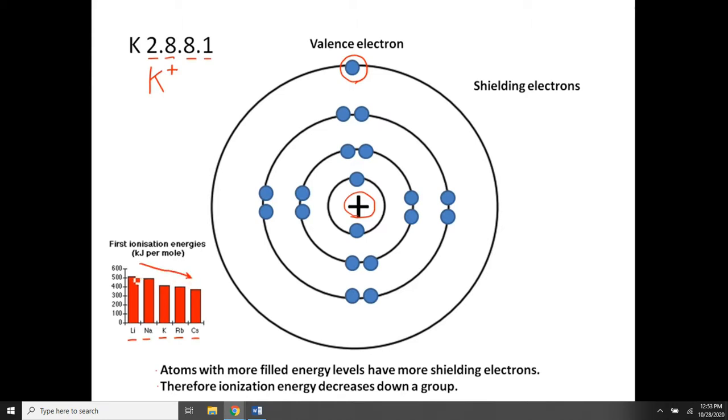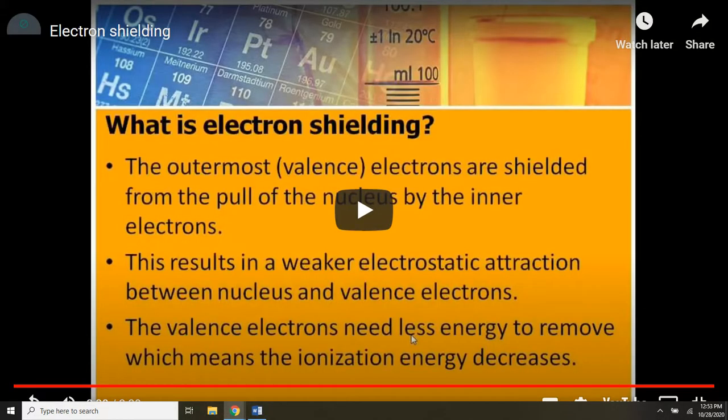So that means as the atom gets bigger, as we're adding more filled energy levels down the group, the energy required to remove the electron, the ionization energy, is decreasing. And one of the reasons for that decrease is there are more shielding electrons, which decreases the attraction between the nucleus and the outer valence electron. Okay? All right, so that's just another video about shielding.